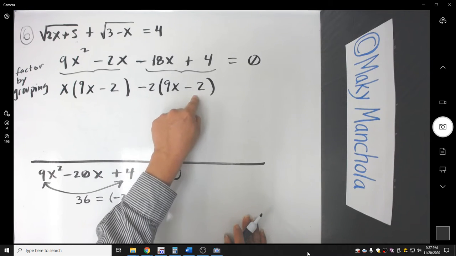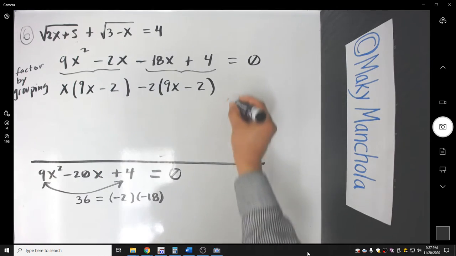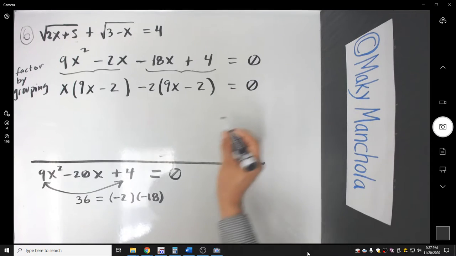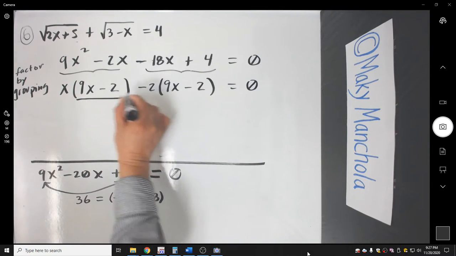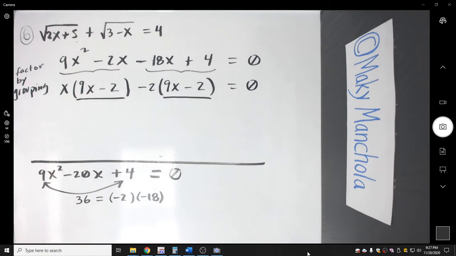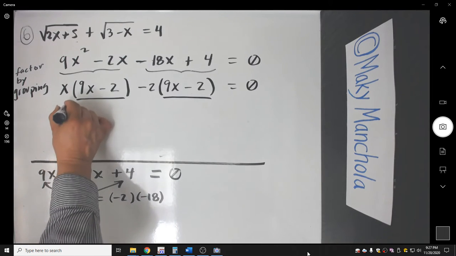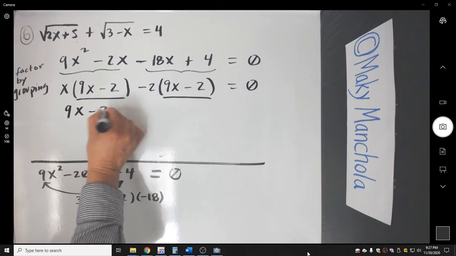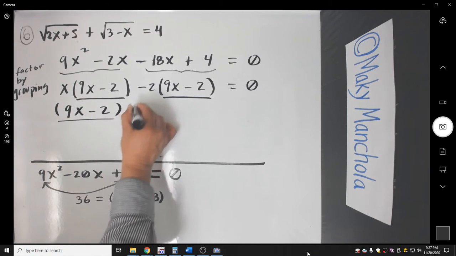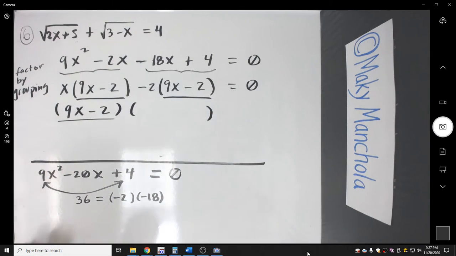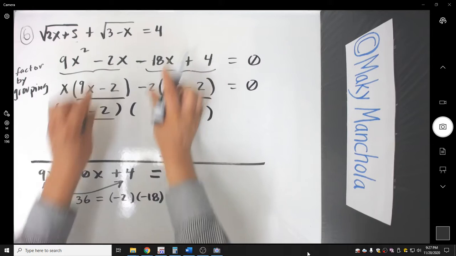Negative 2 times negative 2 is positive 4. Observe that we obtained our common factor, 9x minus 2. So we factor it out. After we factor out 9x minus 2, we're left with x minus 2.